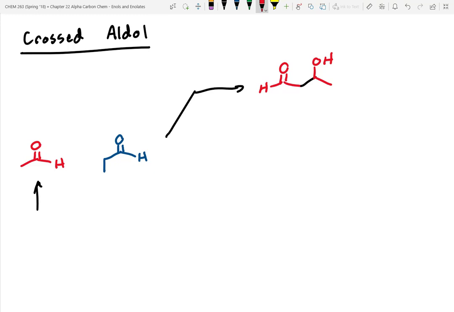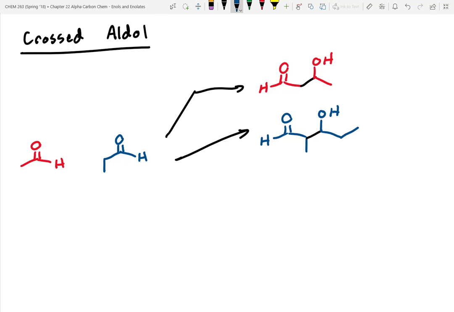Or the blue one can react with itself, and you get your beta hydroxyaldehyde for the blue reaction.